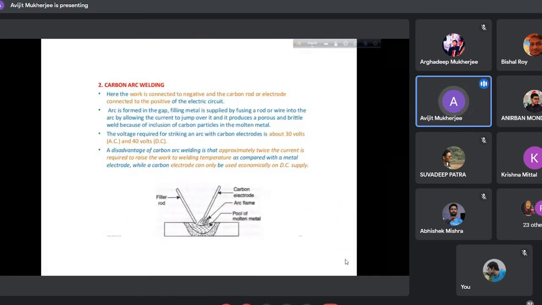Now, as we had mentioned, we had discussed arc welding heat sources. What are the heat sources in arc welding?